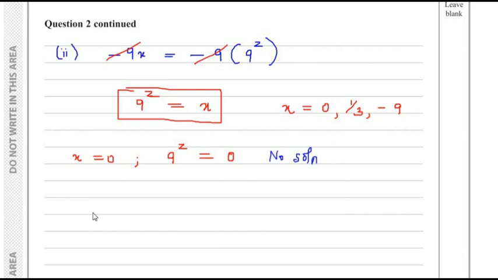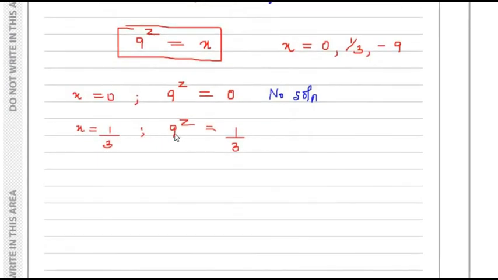Now let us look at the next one, that is when x is equal to 1/3. So here we have 9 to the power of z is equal to 1/3. So 9 I can write in terms of 3, that is 3 squared raised to the power of z is equal to 3 to the power of -1. That is, by using the laws of indices I can flip 1/3 to 3/1, but the power becomes negative. Here it was positive, so when I pull it up it becomes -1.